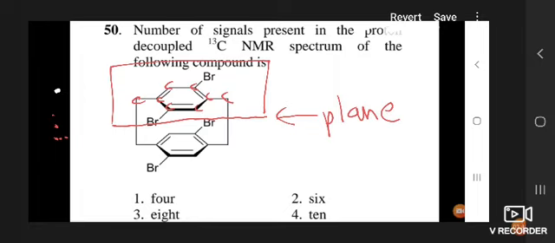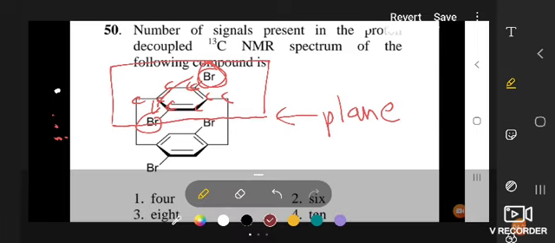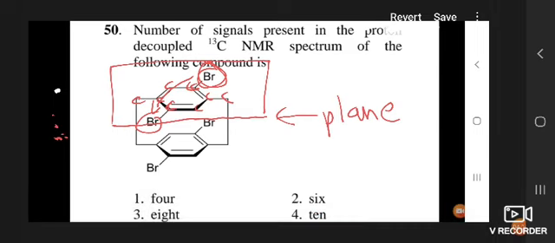Different carbons mean different signals. But if the carbons are the same or form the same group, then their signal is also the same. So here you can see that this Br is opposite to this Br. That means the carbon to which this Br is attached is similar to the carbon to which the other Br is attached. That means these two carbons form the same group.